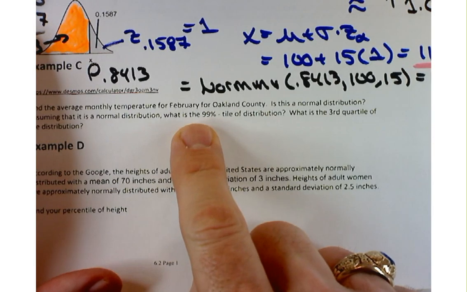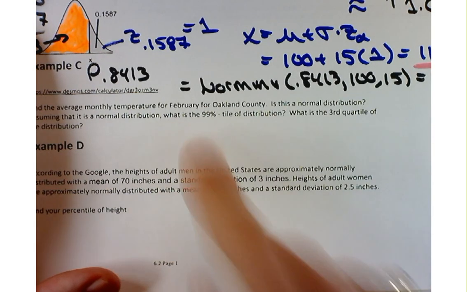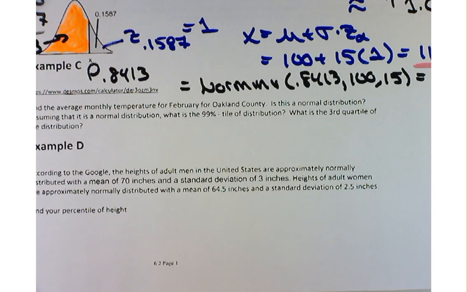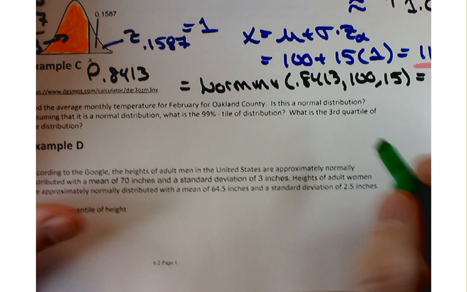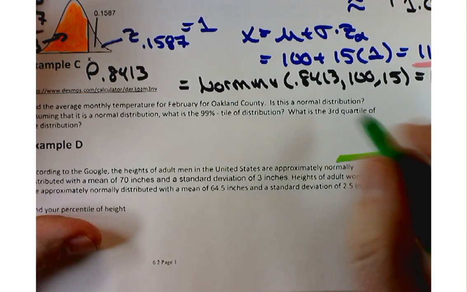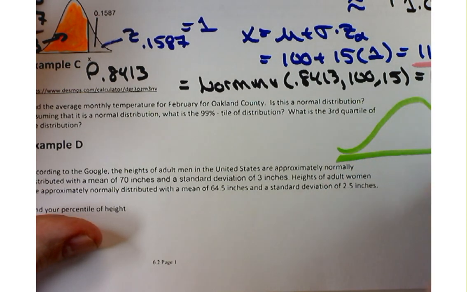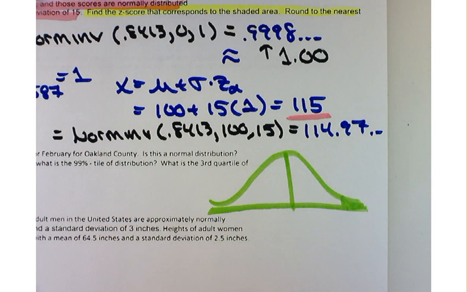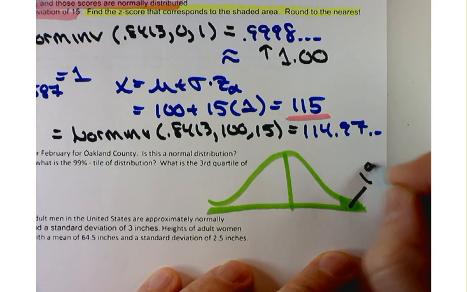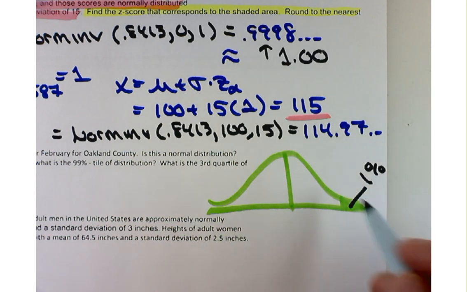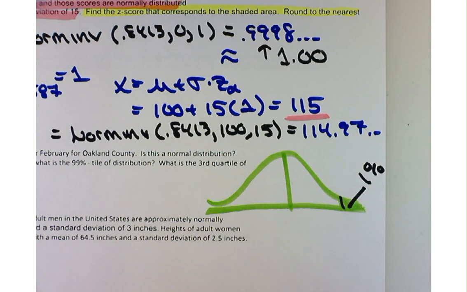Well, if you're looking for the 99th percentile of that distribution, then let me see if I can draw it here real quick. You're looking for that point way out here in the right tail that separates the bottom 99% from the top 1%. So that point there. Let's get straight on a couple different notations for that point.